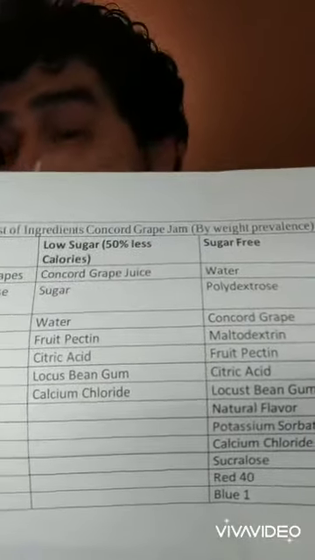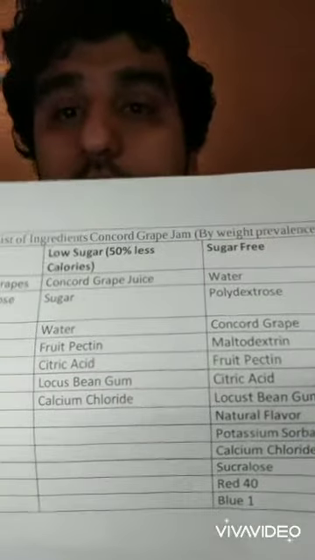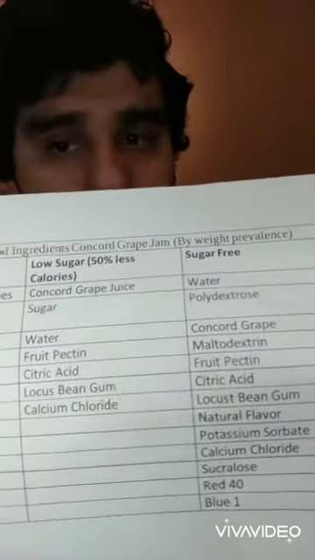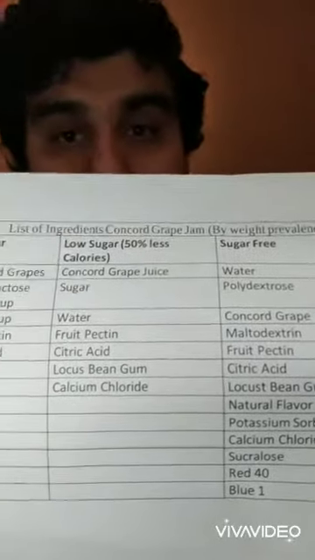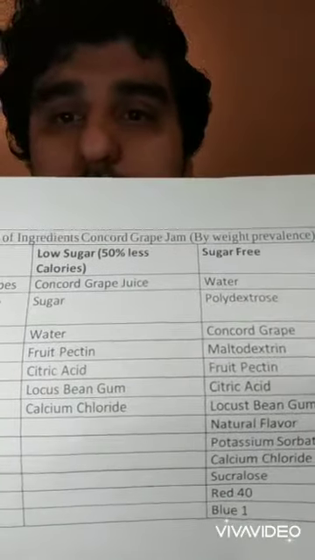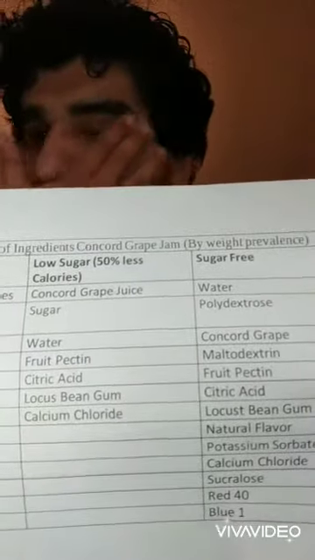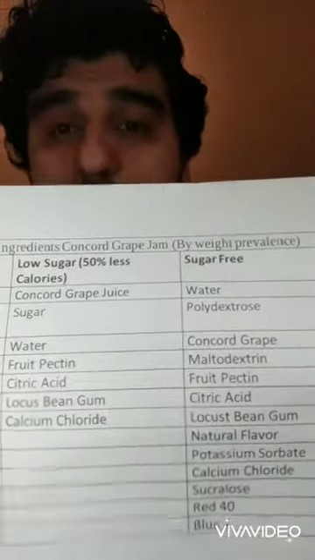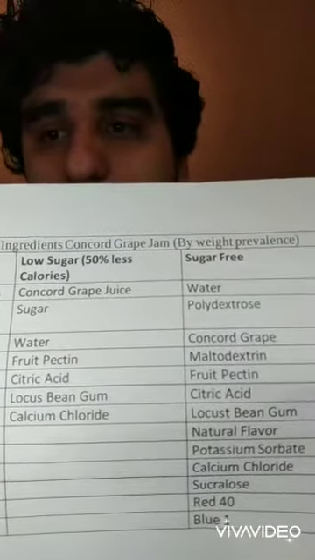It's also known for its solidifying properties, which is very useful for this specific product. And it also offers health benefits, like improving blood sugar levels and easing digestive symptoms.